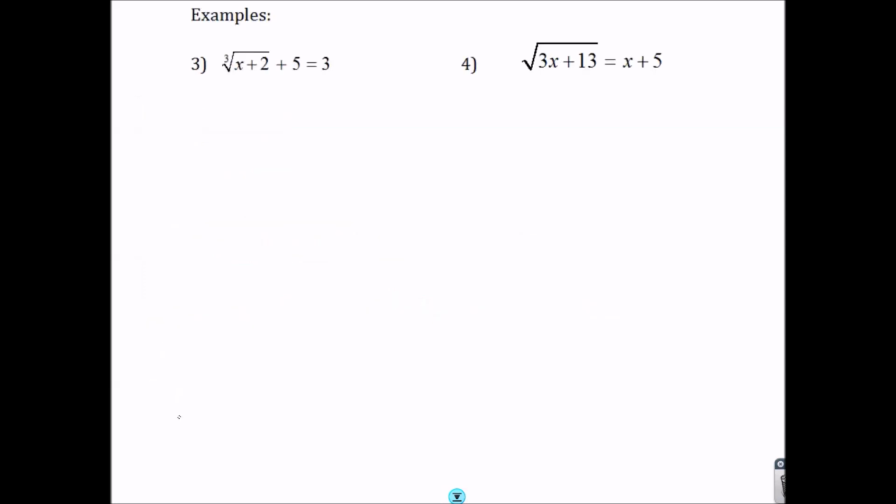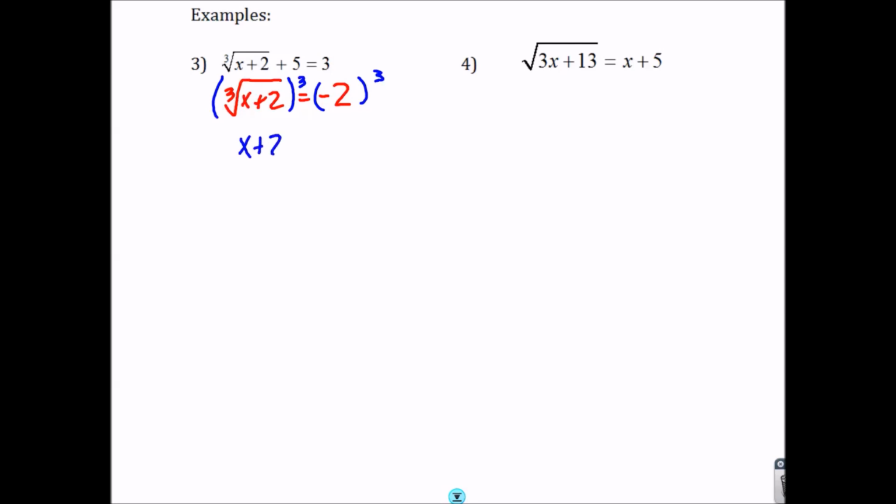So let's try a couple problems. We have the cube root of x plus 2 plus 5 equals 3. So first we need to isolate the radical, so I need to subtract 5 from both sides. Then, because we have a cube root, I need to cube both sides.